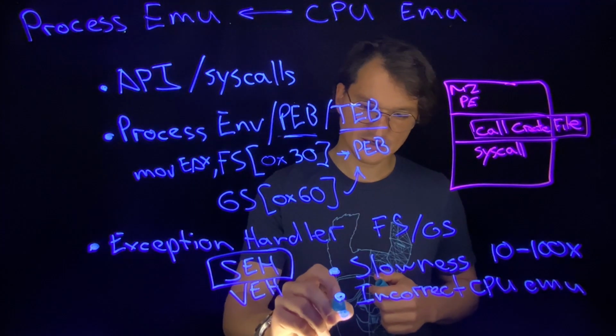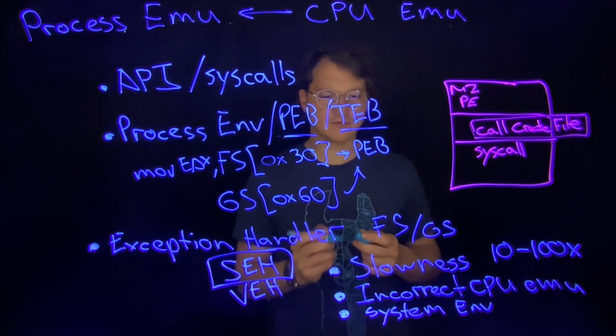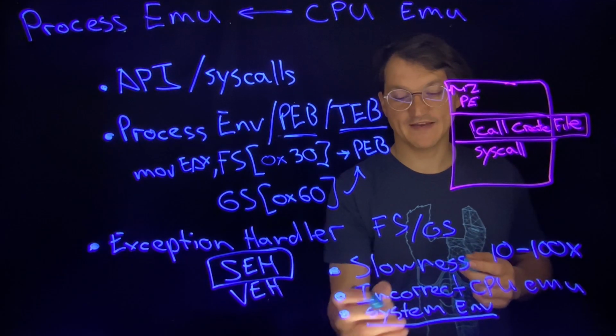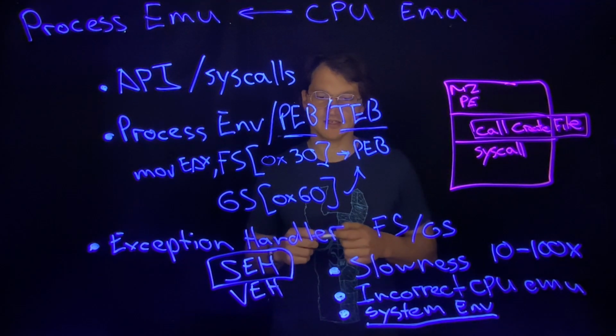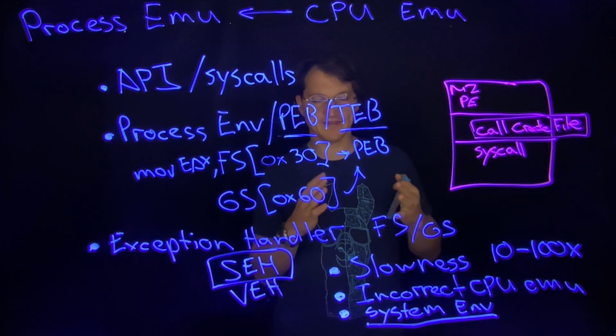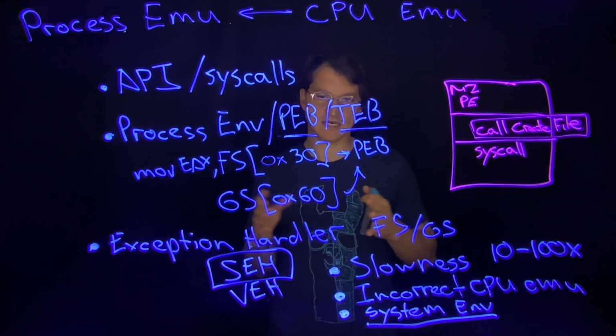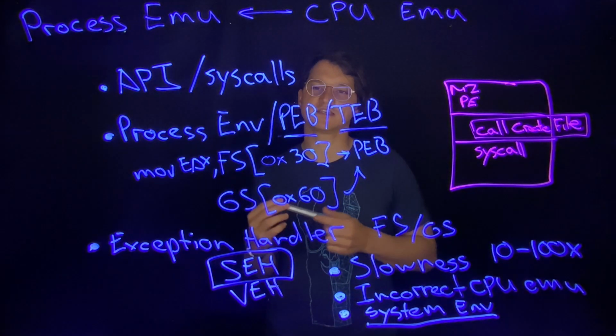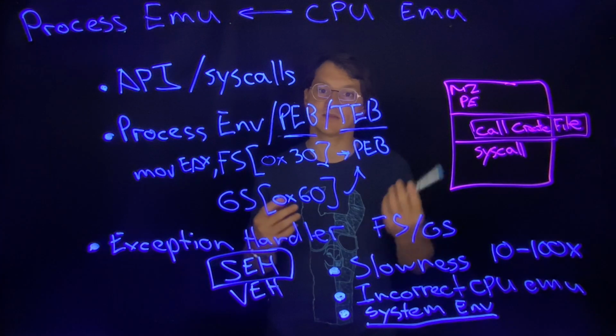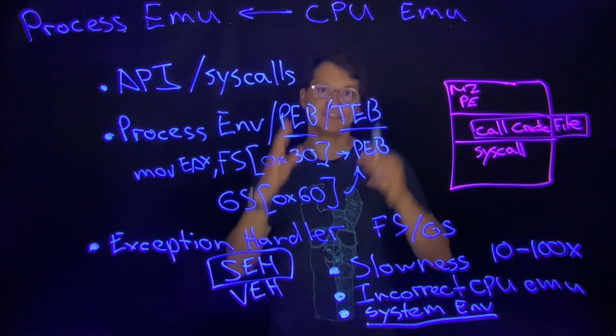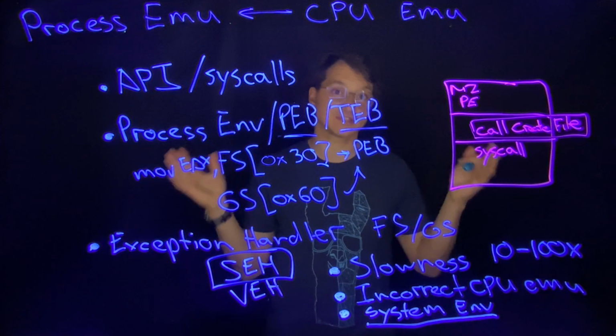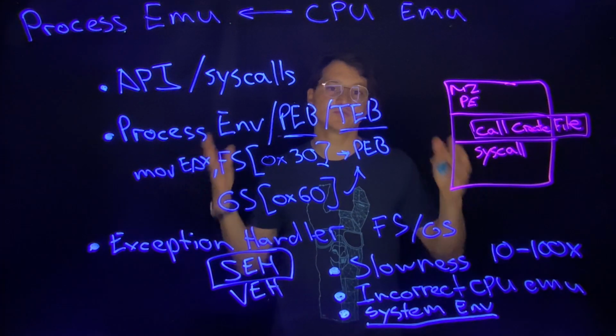And of course, system environment. That was not that much used at that point in time, but I just want to mention it. If a process tries to do any other inter-process communication, let's say it tries to open the handle of another process or read memory or inject code into another process, in a CPU emulator the concept of process just doesn't exist. So it would fail for sure.